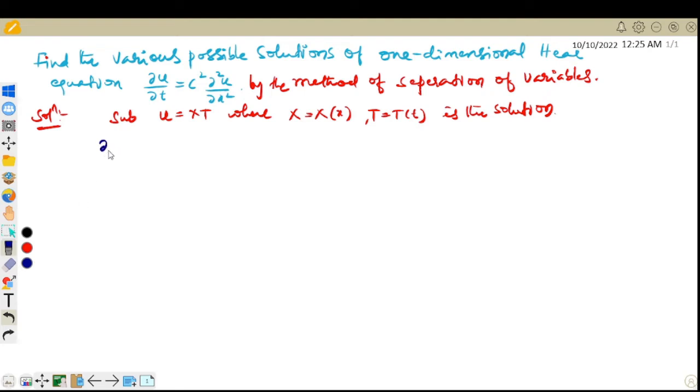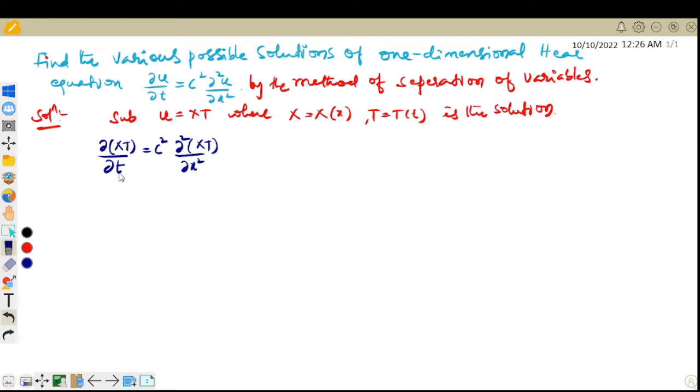Dou u by dou t, that is dou of XT divided by dou t, is equal to c square into dou square of XT divided by dou x square. Look at dou of XT.